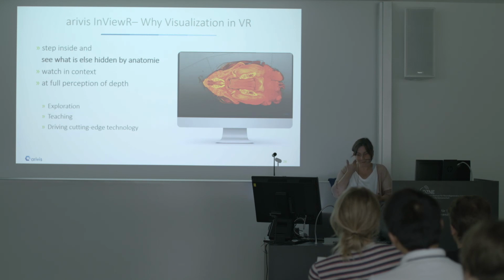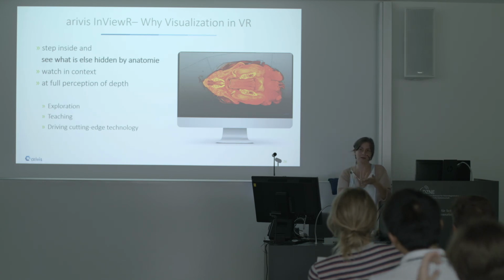So you are not blocked by any anatomy. Usually you would have to crop stuff away, and your brain has to rethink when you look at 3D data on a 2D screen, and this is simply vanished.